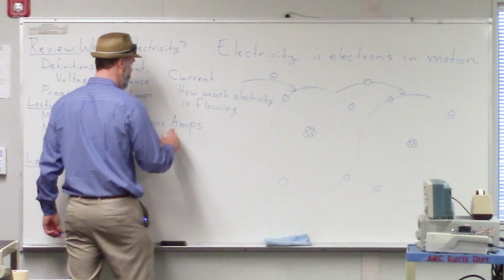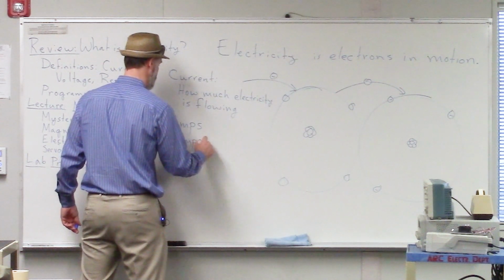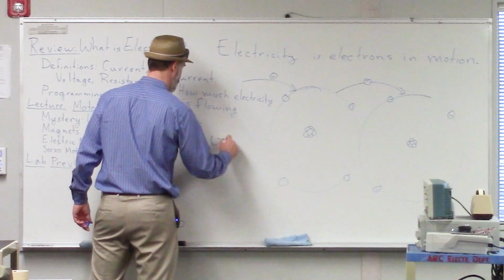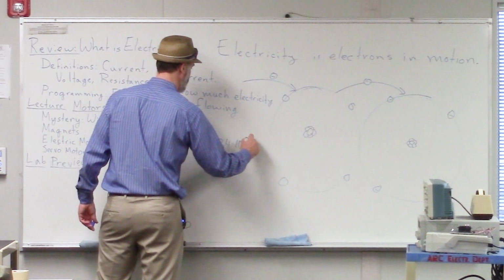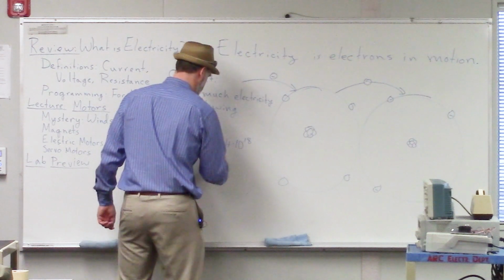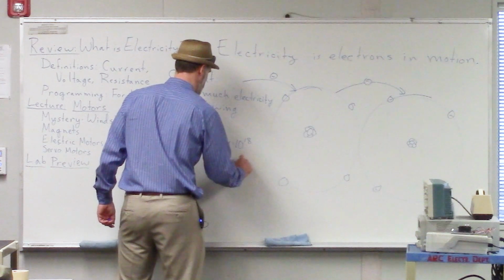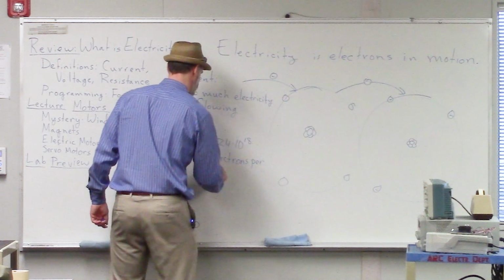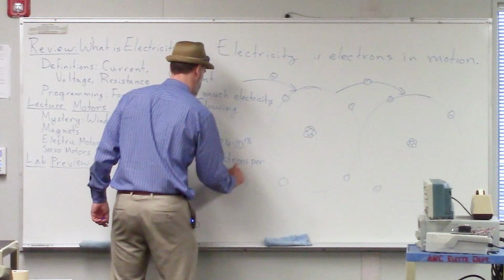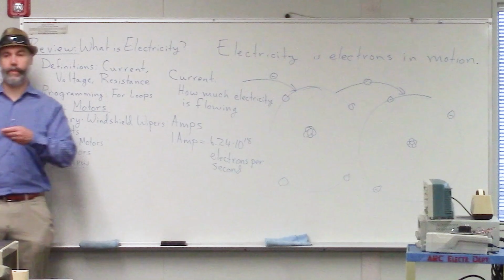And we said that 1 amp equals 6.24 times 10 to the 18th power electrons per second. So 6.24 quintillion electrons per second.